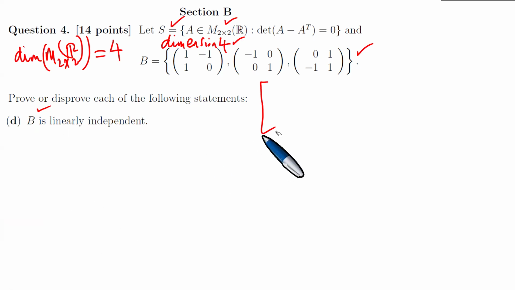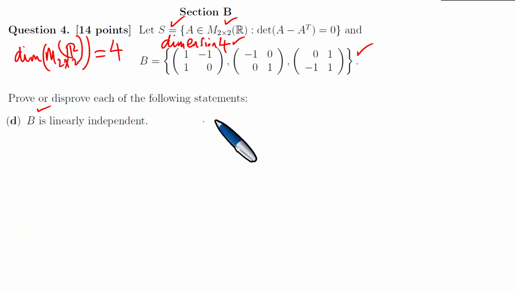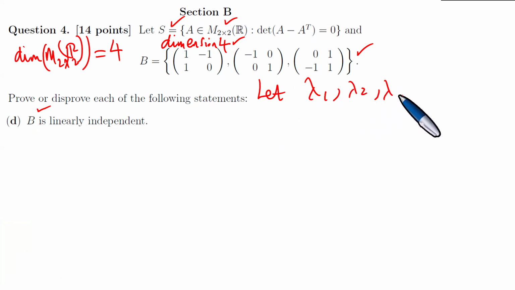So how do you prove that B is linearly independent or linearly dependent? We need to first take the scalars. We can call them lambda 1, lambda 2, lambda 3, as we have already done in the previous question, and we're going to refer to the answer there.